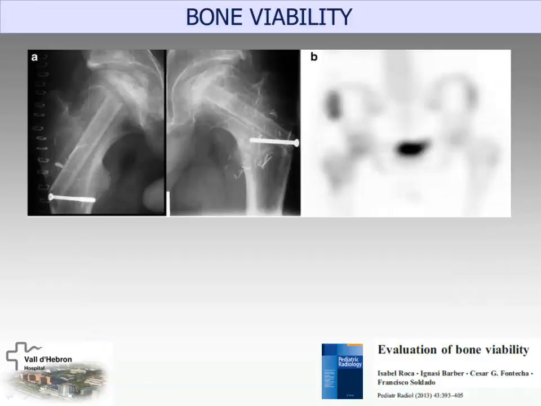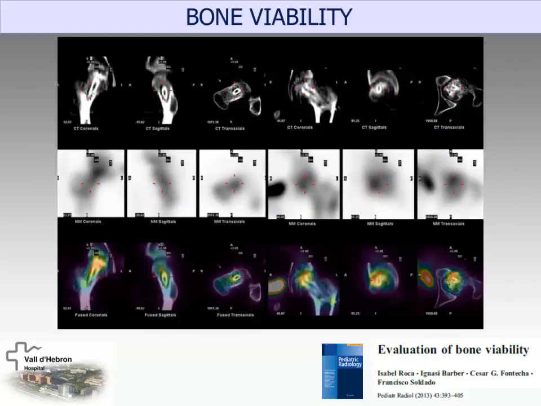And what are the problems for the orthopedist after that? This is a case with a bilateral surgery. The problem they have is that they want to know if this graft is vascularized and if there is a regeneration of bone in these femoral heads.